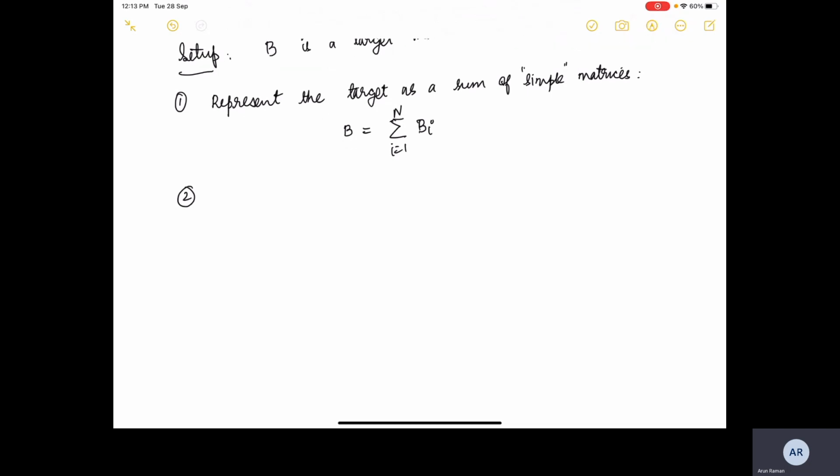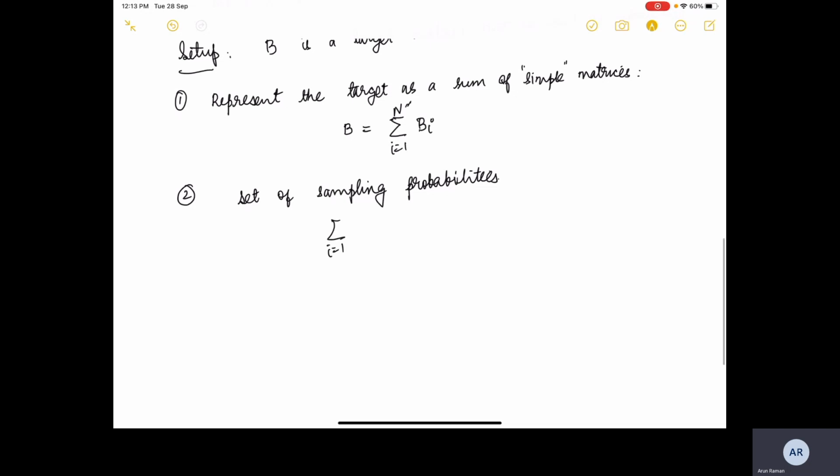So when we have to do sampling, we need a set of sampling probabilities. Since we had decomposed it into n terms, we will have the sum of pi equal to 1.